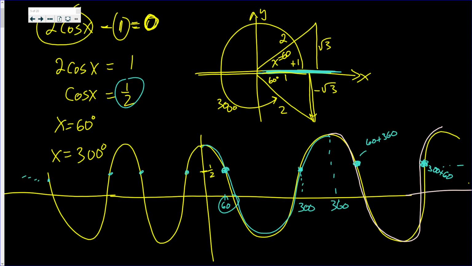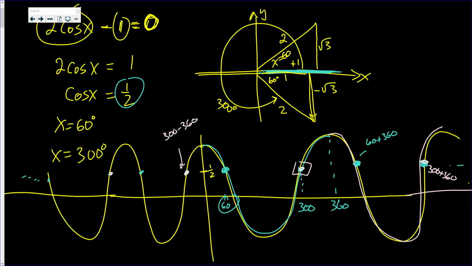That's not true. From here to here is 360. It's going to be 300 plus 360. This one matches with that one. It's going to be 300 minus 360.